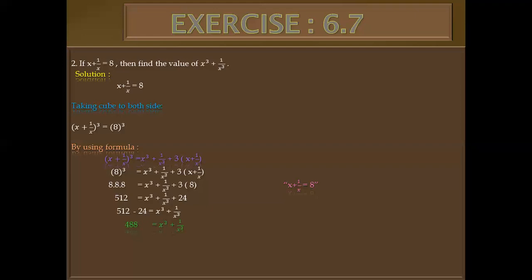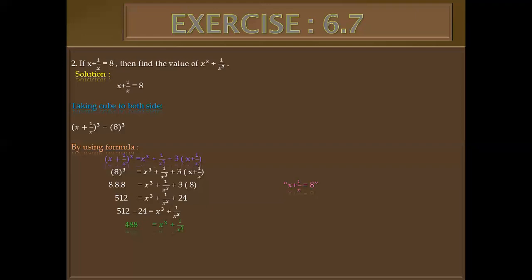We shift 24 to the other side, 512 minus 24, and this will be equal to x cube plus 1 over x cube, and our required answer will be 488.